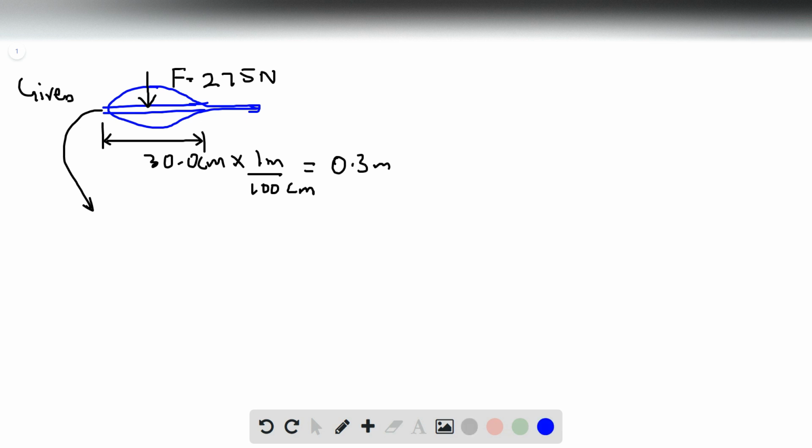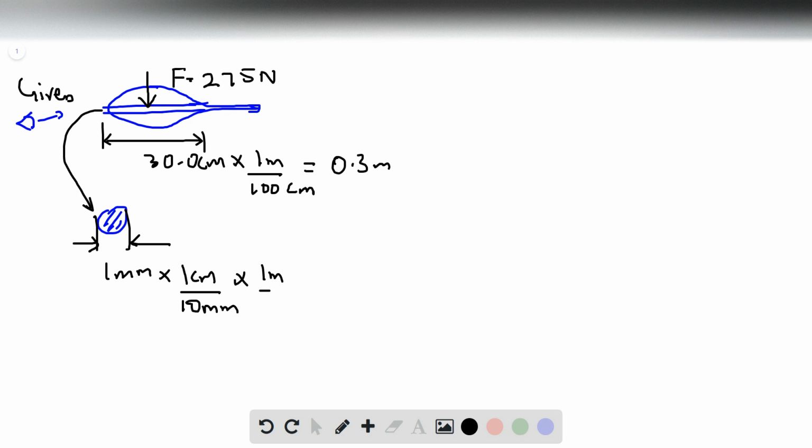So if you look at the nylon from this side, for example, you see a cross section with a diameter of 1 millimeter, and that's pretty small, but we can change that to meters by multiplying 1 centimeter is in 10 millimeters and then shifting that to 1 meter in 100 centimeters, and that's going to give us 0.001 meters. So that's the cross section of the nylon.